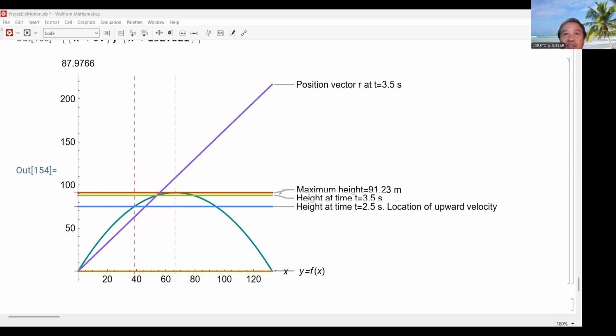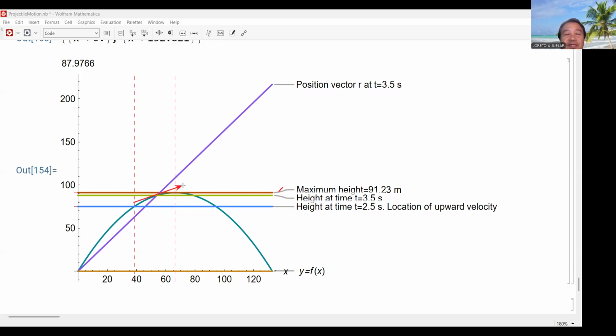So we have the maximum height here, the height after a time of 3.5 seconds. Now the velocity after 2.5 seconds here. So after 2.5 seconds, we have the slope here.